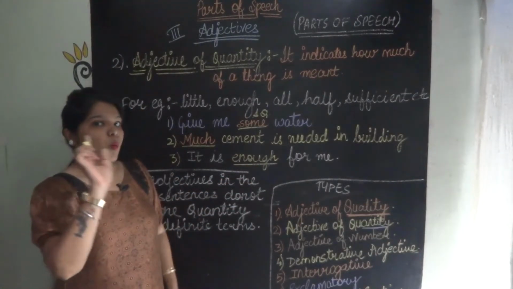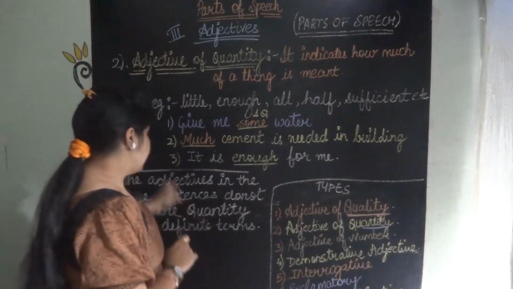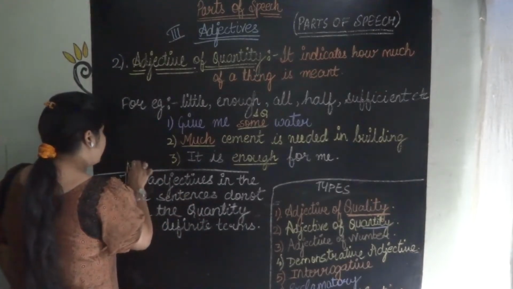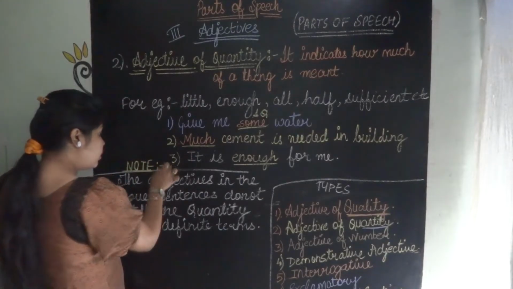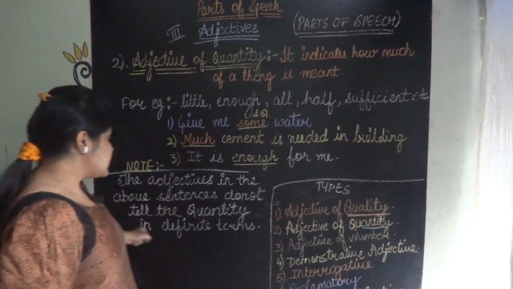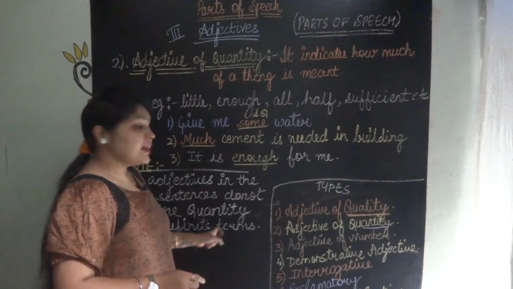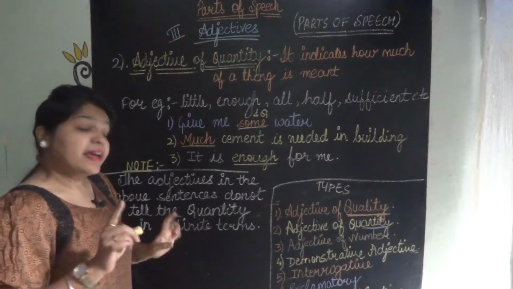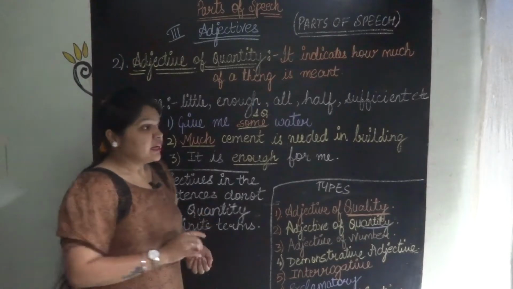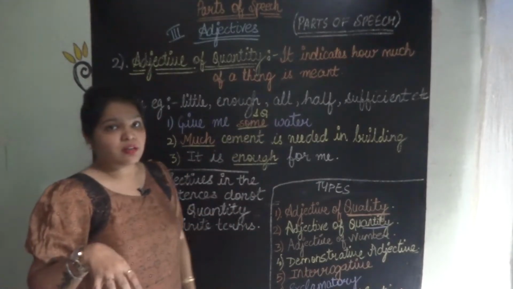But note one thing in your mind. This is an important point to note: adjective of quantity does not tell the quantity in definite terms. Now I am saying, give me some water.